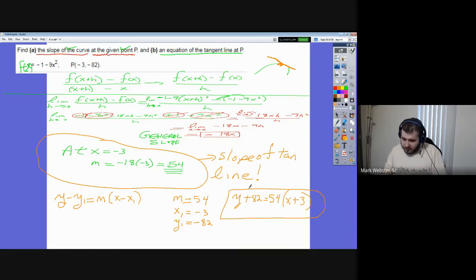So let's talk about a problem like this one more time. Thing number one, you have to determine what the slope of the curve is. At this moment, we only have one method. Chapter 2, you're going to learn the good method, taking a derivative.